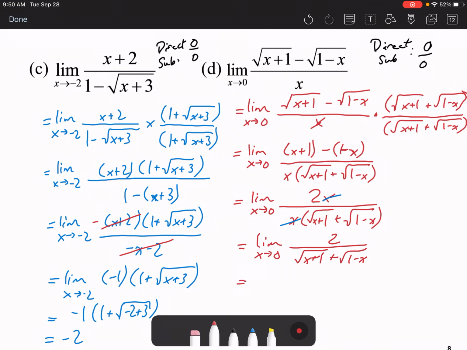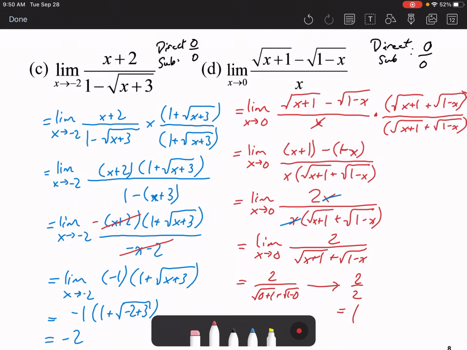So we can substitute 0 in. We get 2 divided by 2, which is just equal to 1. And therefore that limit does exist and equals the value of 1.